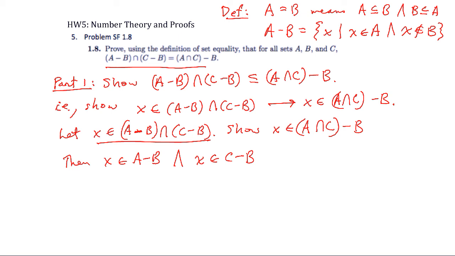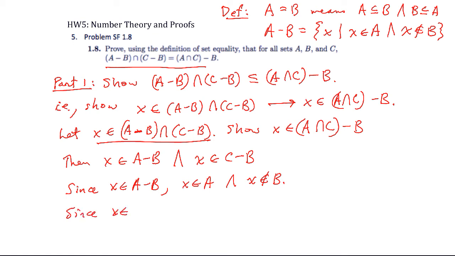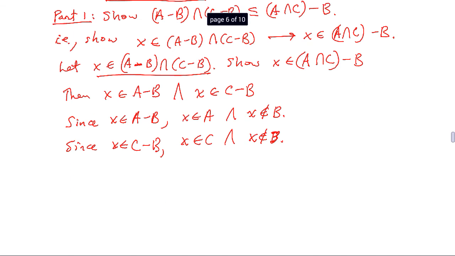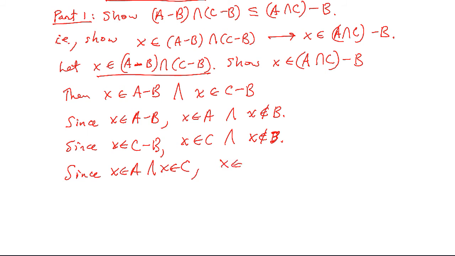Since X is in A minus B, X is in A and X is not in B. And since X is in C minus B, X is in C and X is not in B. Now X being in both A and C implies that X is in the intersection: since X is in A and X is in C, X is in A intersects C.